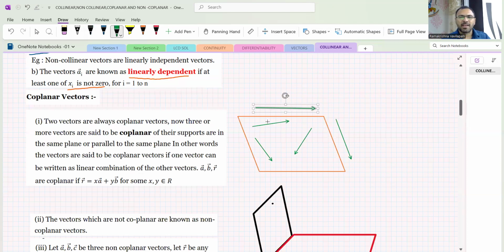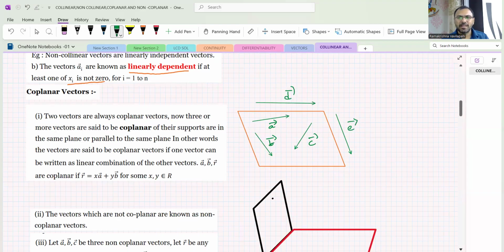These are all coplanar vectors. Assume that this is a bar, this is b bar, this is c bar, this is d bar and this is e bar. These are all coplanar vectors. We can move the vectors parallelly onto the plane.